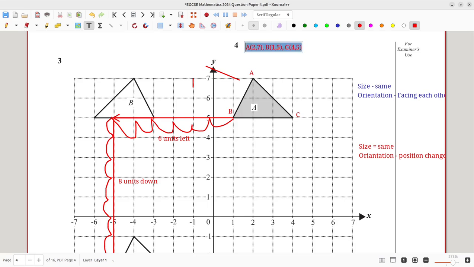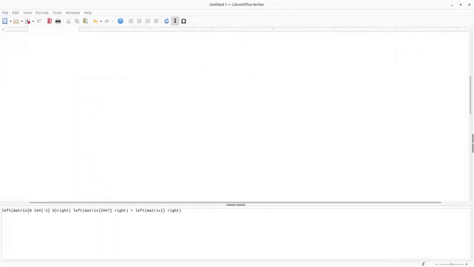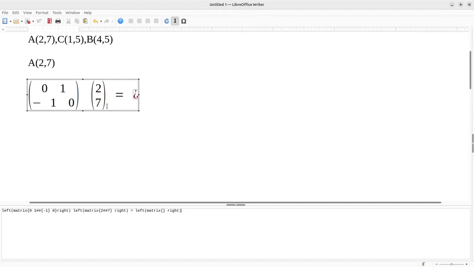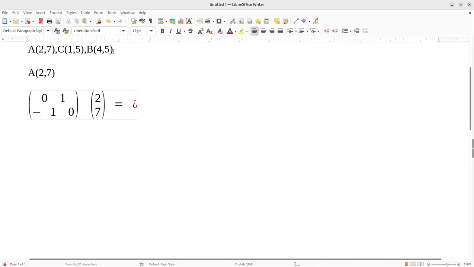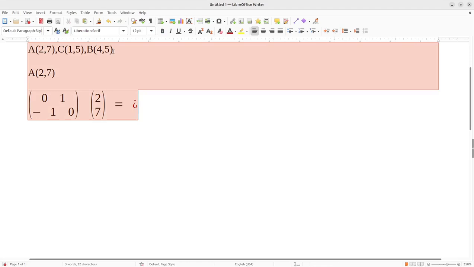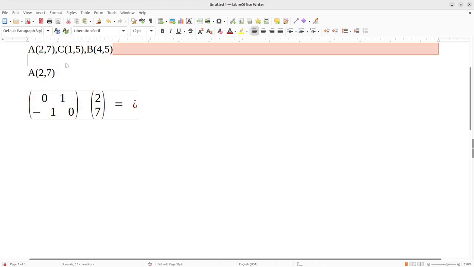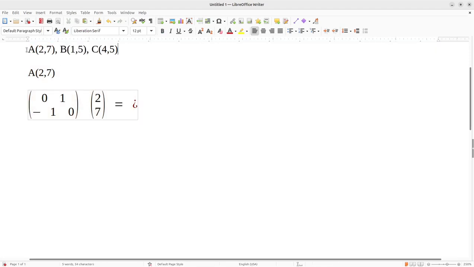Let's take this into our working space. Now that's our working space there. Are these the coordinates I'm dealing with? I'm not sure. Let me check. Well, they are actually.